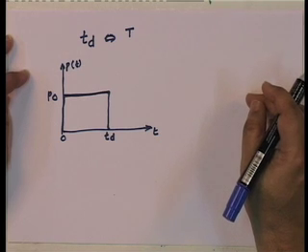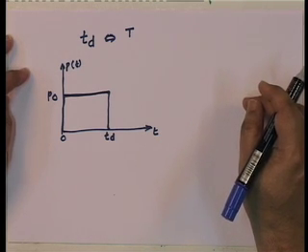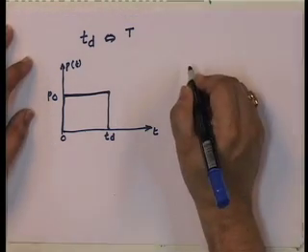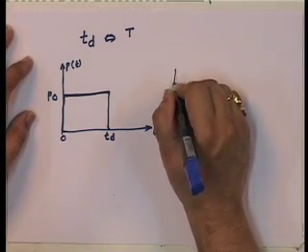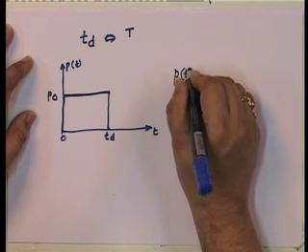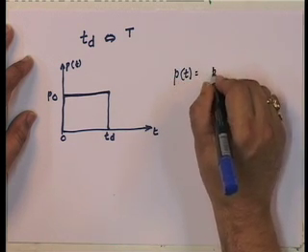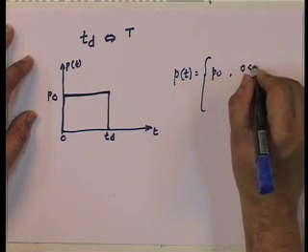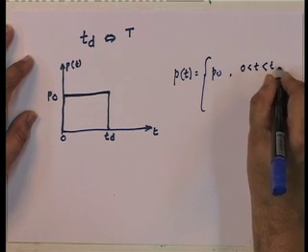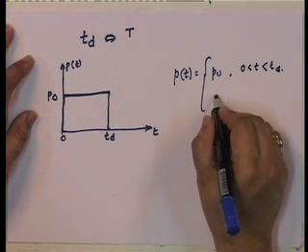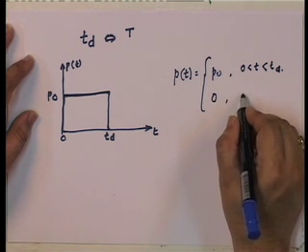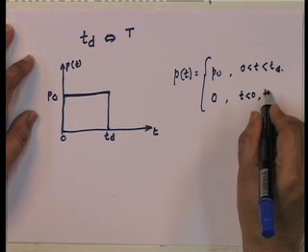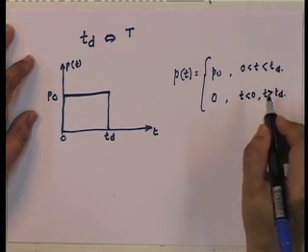In reality, all we say is that the rise and fall are very short compared to the time duration. So P of t is equal to P 0 between 0 and T d, and 0 for t less than 0 and t greater than T d.